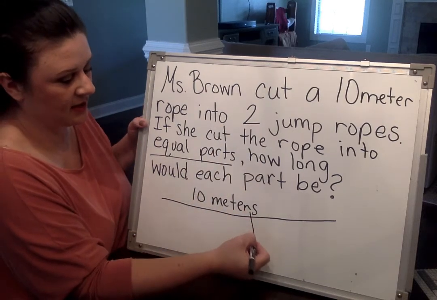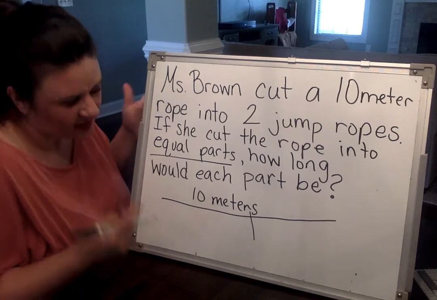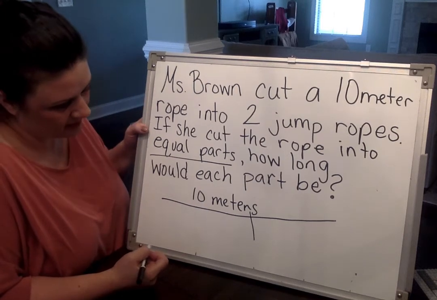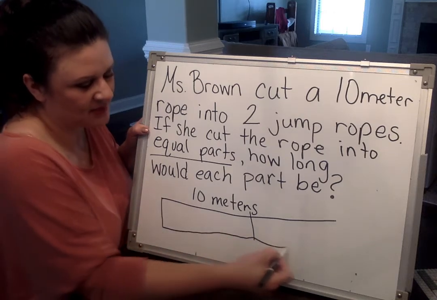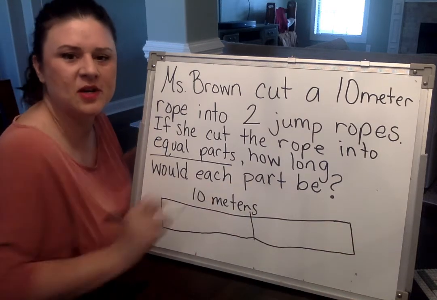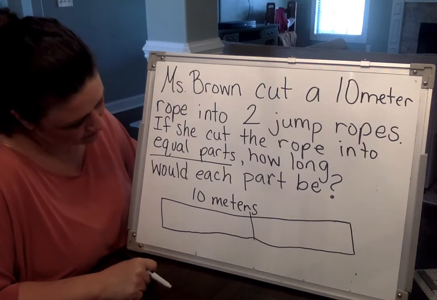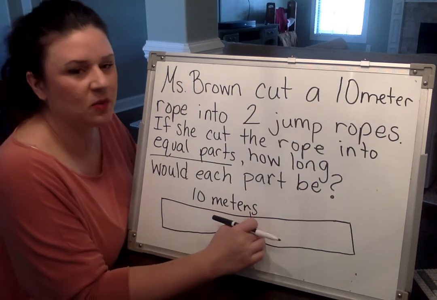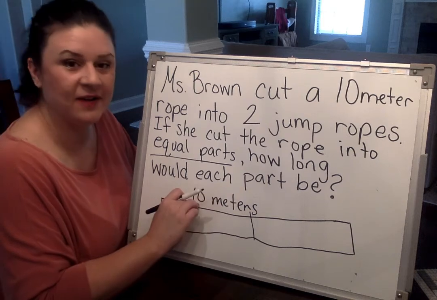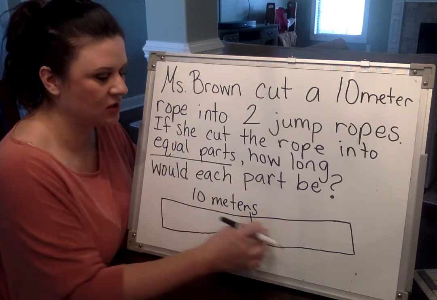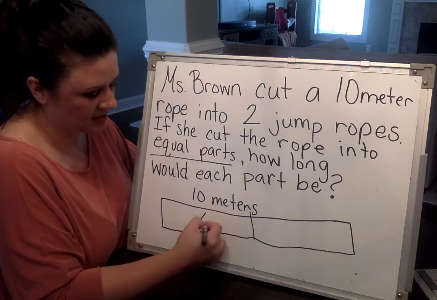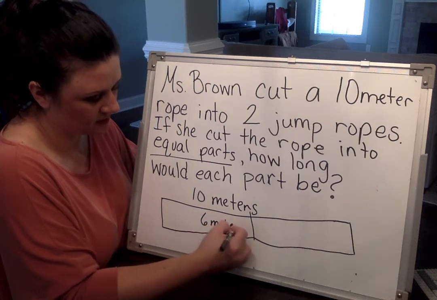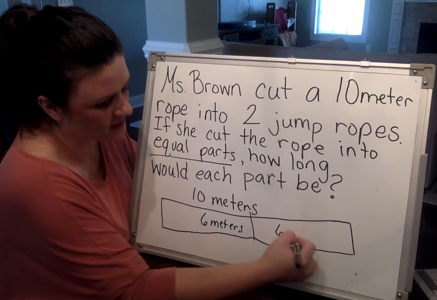So if I cut it into 2 equal parts, I'd probably cut it right about there. I'm going to draw a tape diagram because they have always been so helpful for me. Now I have 2 equal parts here. So I need to divide that 10 meters into 2 equal parts. If this part were 6 meters, this part would have to be 6 meters.